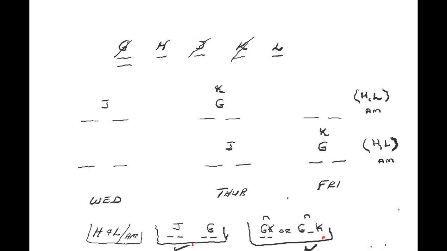So I'll put G on Thursday afternoon so I don't use up the morning slots, right? Then I can throw K over here in either position. And then I have H and L. Here's H or L. Here's H or L. Because remember, we moved the K over this way. So the G's alone. So B's fine.